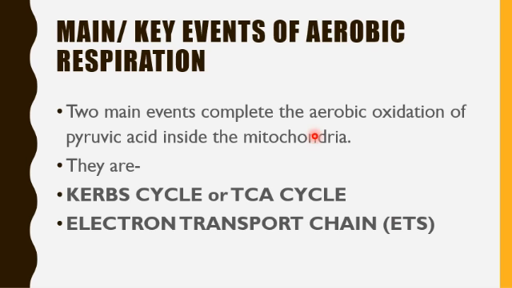The main events of respiration complete in 2 steps, and they are the Krebs cycle or TCA cycle, and the electron transport chain or electron transport system, inside the mitochondria. So the 2 main events which complete the aerobic oxidation of pyruvic acid are the Krebs cycle and the electron transport chain or electron transport system.